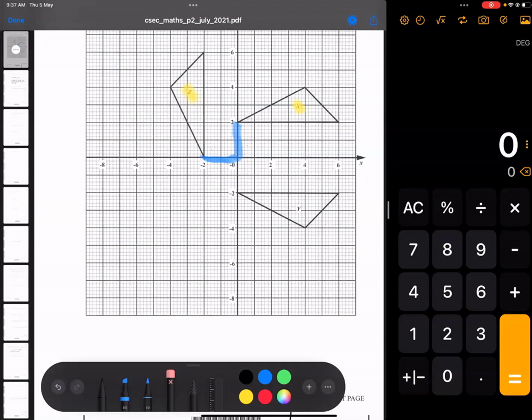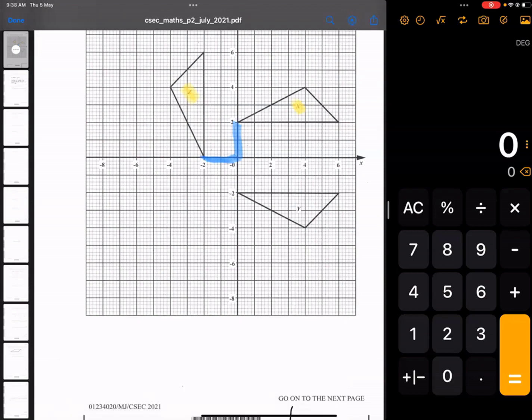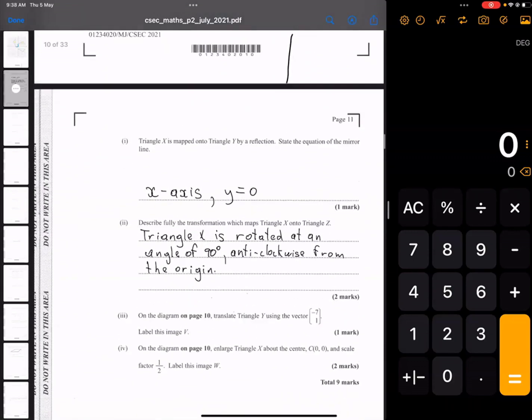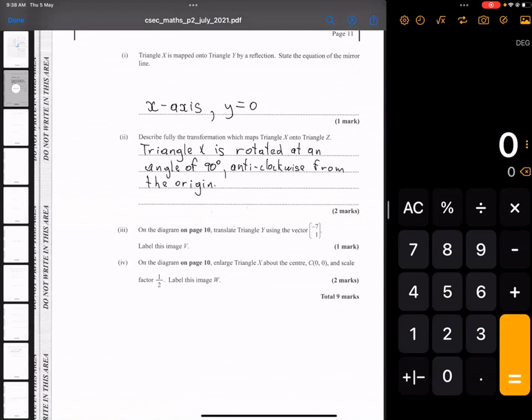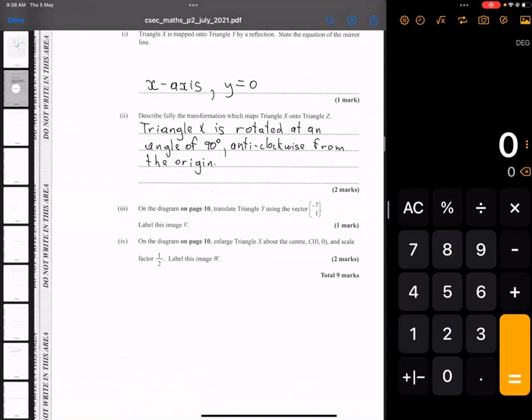Or, if you're good enough to imagine it, you could do that, because when you do these questions a lot, you'll be able to find very quickly at what angle and where this triangle or whatever shape is being displayed is being rotated. So for our question, it is rotated about the origin anti-clockwise at an angle of 90 degrees.